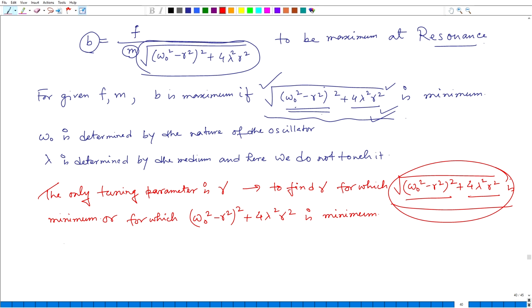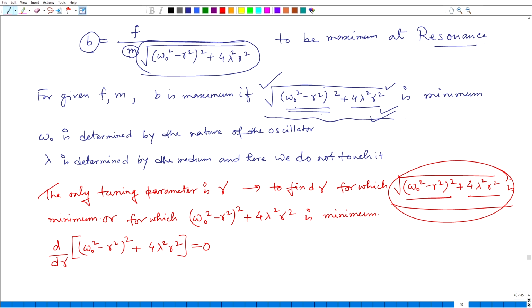And what to do for that? We have to do d/d gamma of omega 0 square minus gamma square whole square plus 4 lambda square gamma square to be equal to 0. We can also check with the second order derivative, that you can do yourself, okay? And I can guarantee that you will find that this will give you a minimum.